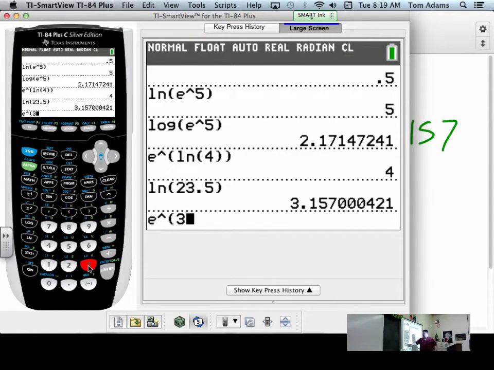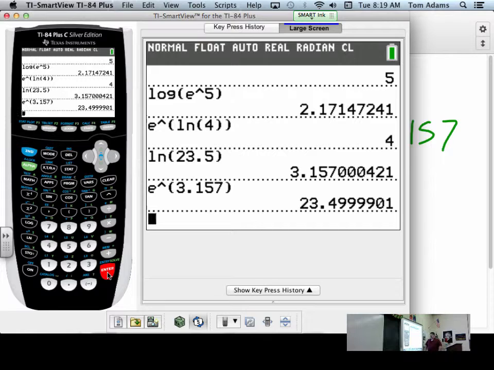Yeah, the 3.157, and it should be pretty close to 23.5, right? Now it's not exactly 23.5 because Mr. Adams rounded. If I would have went 0.000421, it would have been closer.